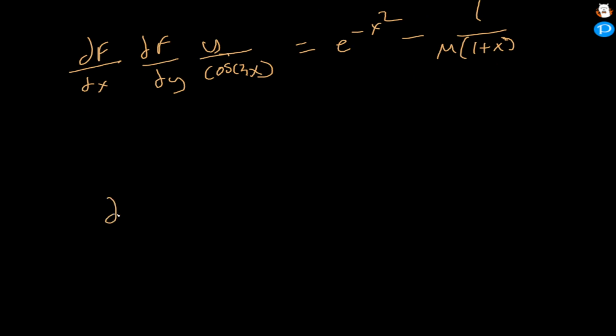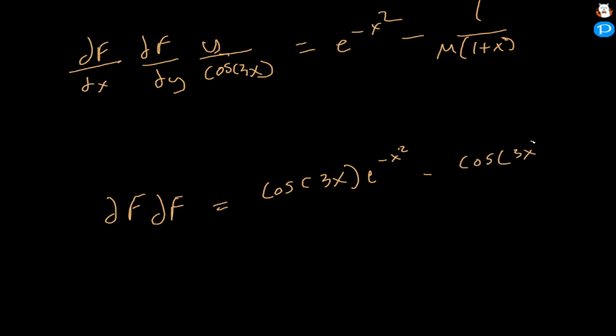So what we get in turn is this cosine of 3x e to the minus x squared minus this cosine of 3x.